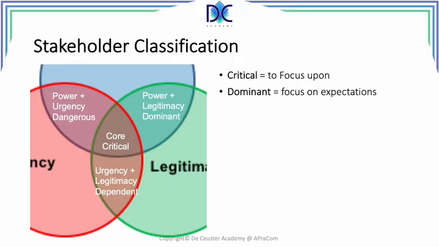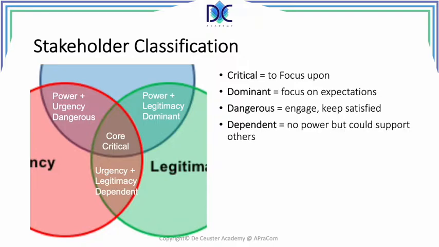Here we have to focus on the expectations of the people. Dangerous, here we have power and urgency. We have to engage and keep the people satisfied. We have dependent, here we have urgency and legitimacy. There is no power, but they could be in support of other people. It's always important to understand how these four different parts, different type of people can influence each other.